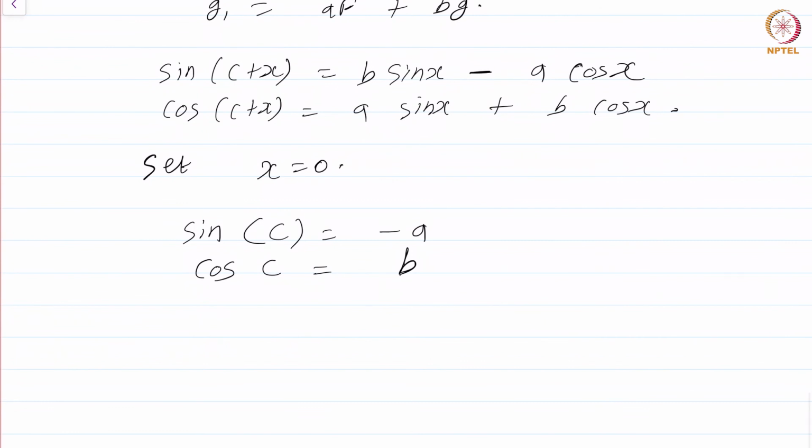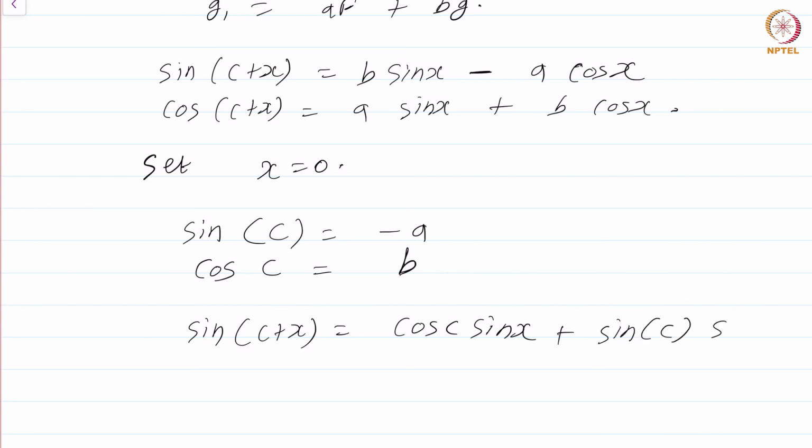Well, what does this give us? This gives us that sine of c plus x is equal to cos c sin x plus sin c cos x. It became plus sin c because sin c is minus a.